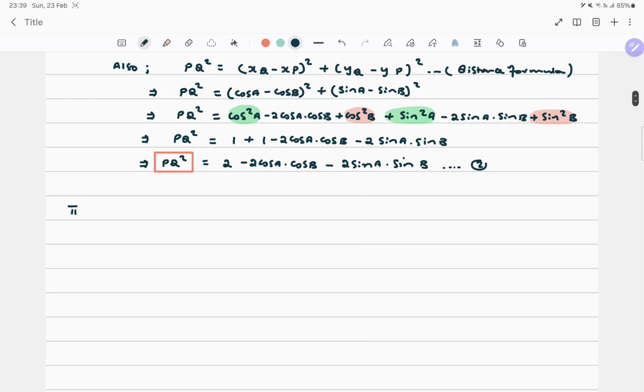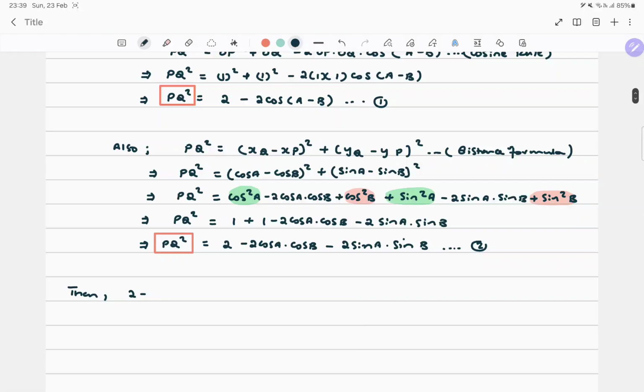So we can say then, we know that 2 minus 2 cos(A minus B) is equal to 2 minus 2 cos A cos B minus 2 sine A sine B, because these two are essentially giving us the same story. We know that equation 1 is equal to equation 2.